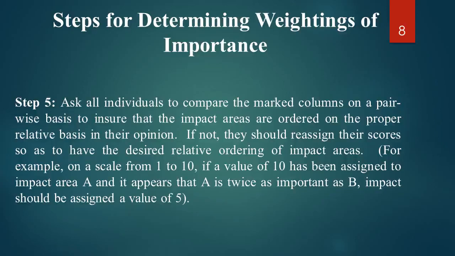For example, on a scale from 1 to 10, if a value of 10 has been assigned to impact area A and it appears that A is twice as important as B, B should be assigned a value of 5.